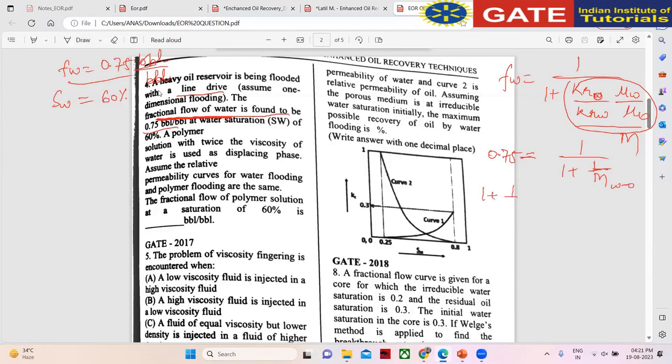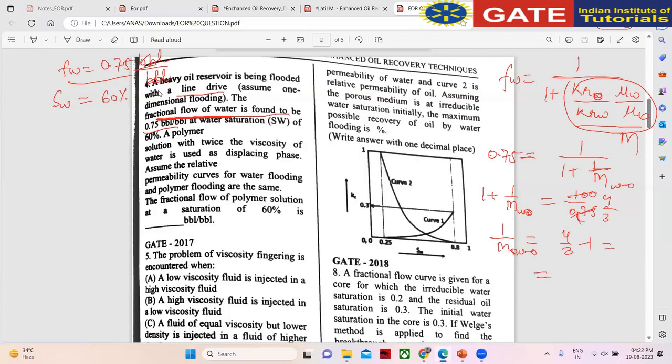So 1 plus 1 by MWO is equal to 1 by 0.75. So your point is 4 upon 3, and 1 by MWO is equal to 4 upon 3 minus 1.